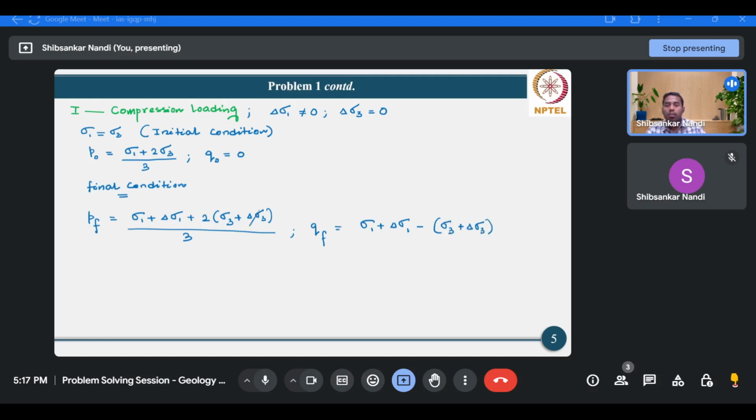Now this delta sigma 3 is 0 because there is no change in the confining pressure.